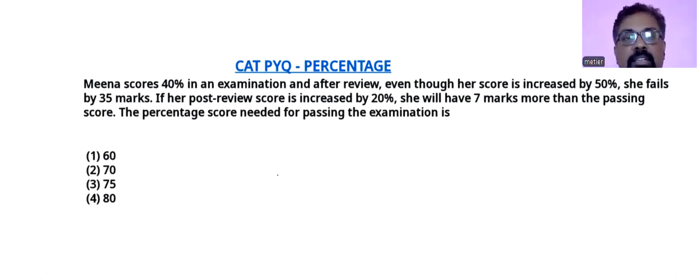The first important thing in this type of problem is that you have to focus on the data given. Here, Meena scores 40% in an examination. After review, her score is increased by 50%, yet she fails by 35 marks. So this 50% is based on the 40%, the previous value.